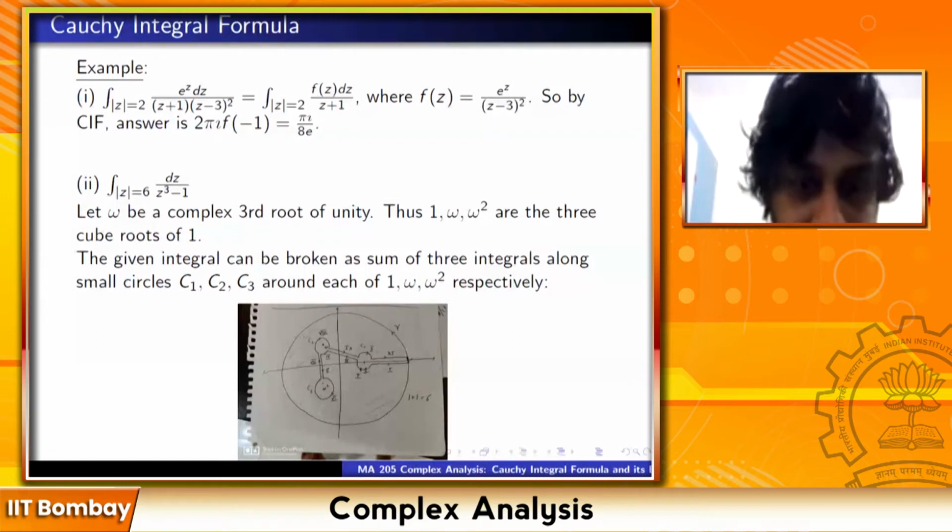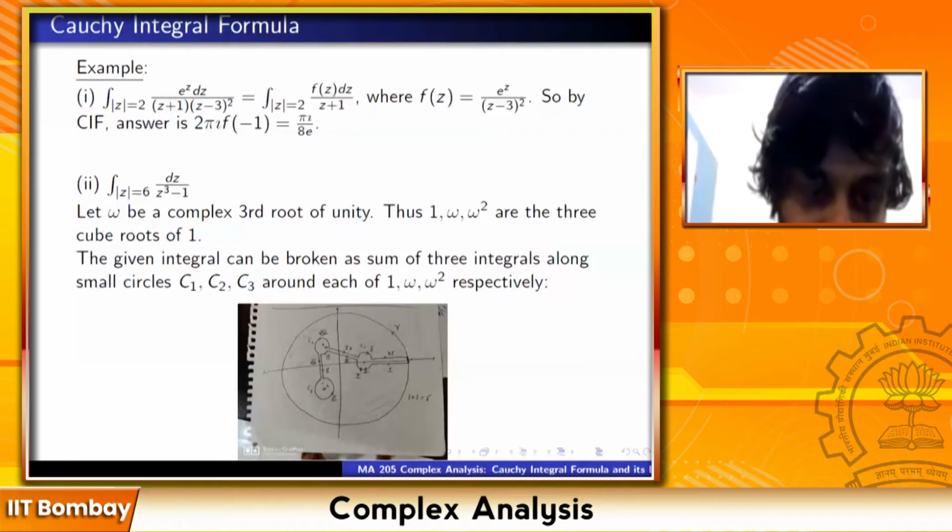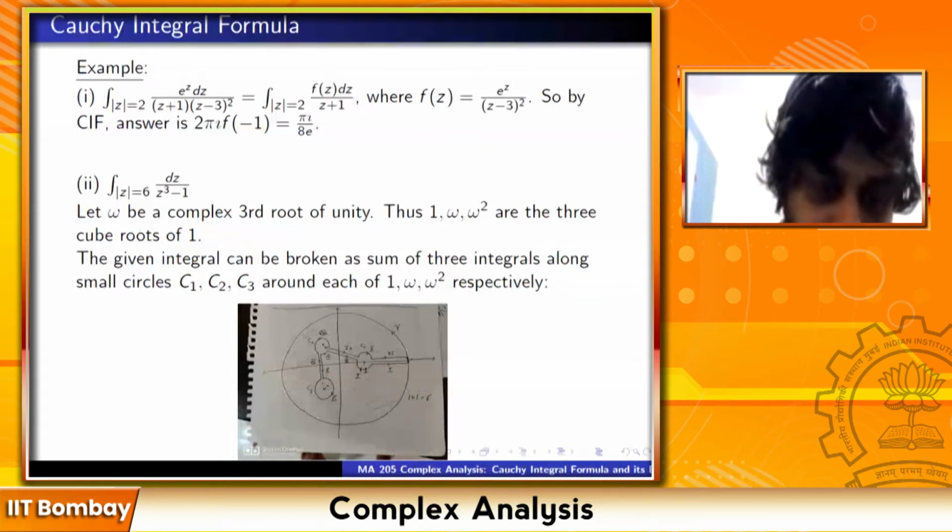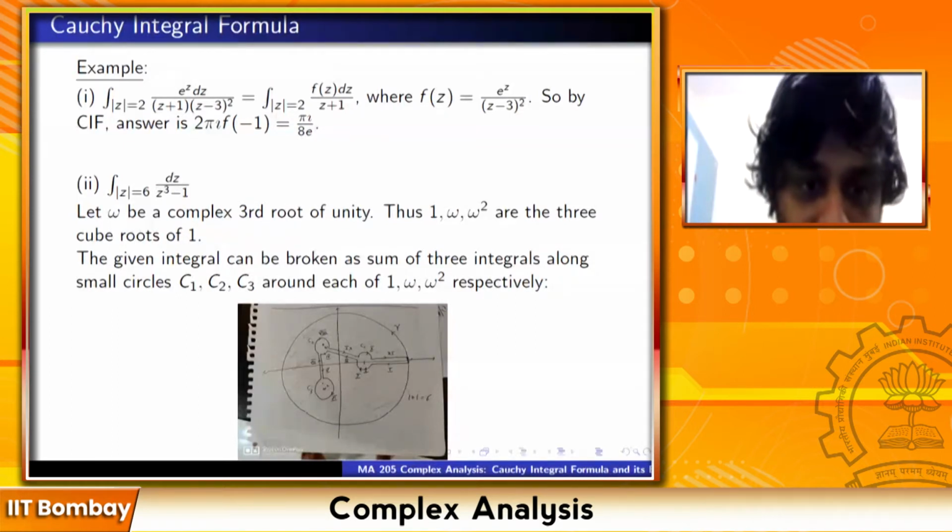Okay, let me describe it. You go along 1, then you go anti-clockwise along C1, then take the horizontal path going towards C2, then go a little bit down, that is path 4, then come down to C3, go around C3, then come back to C2, then come back to C1, and then back.